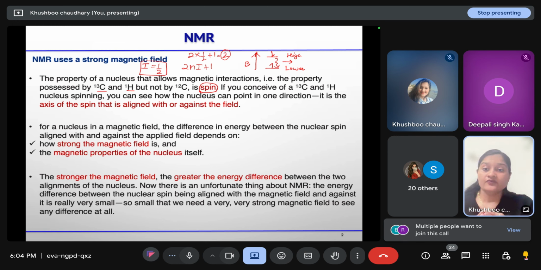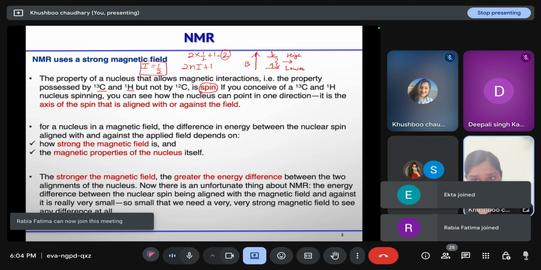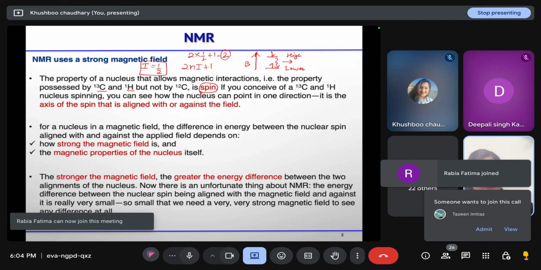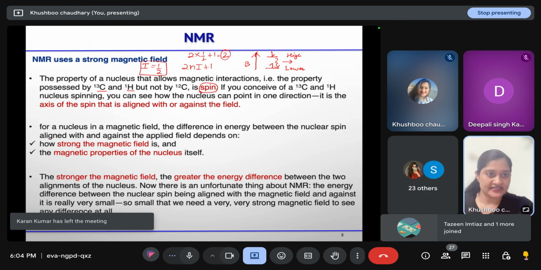Now, if we put a nucleus in a magnetic field, the difference in energy depends on two things. First, how strong the magnetic field is, and next, the magnetic properties of the nucleus itself.